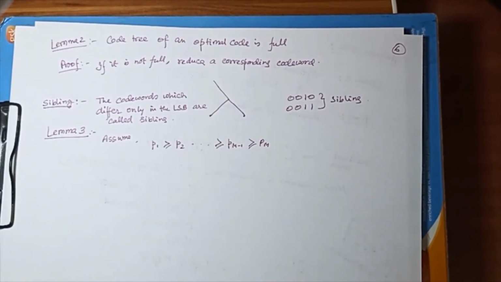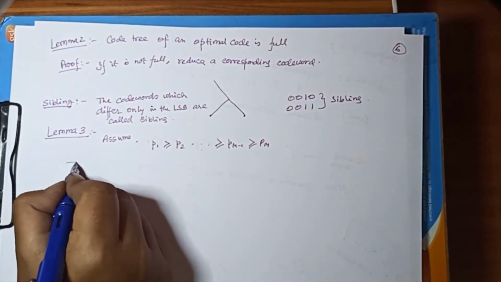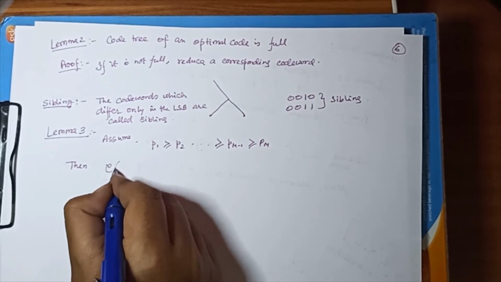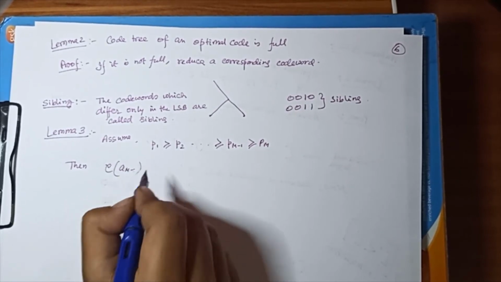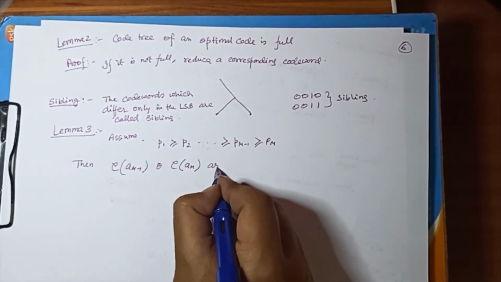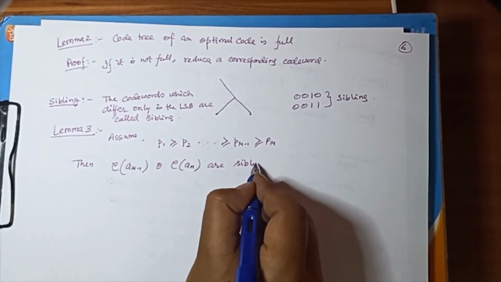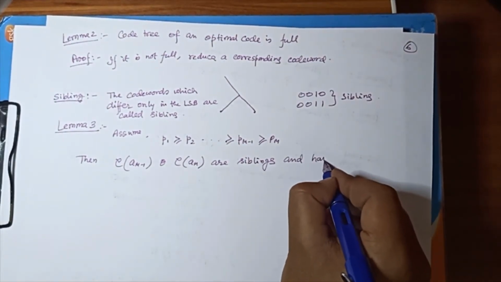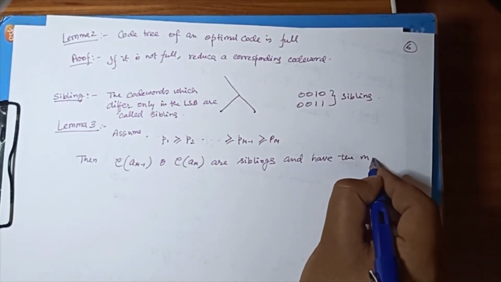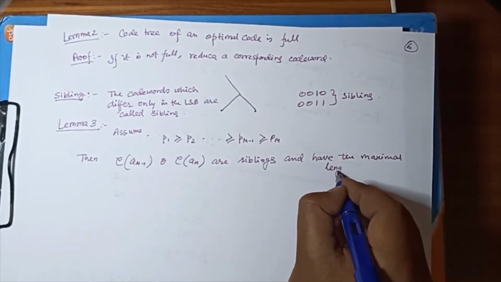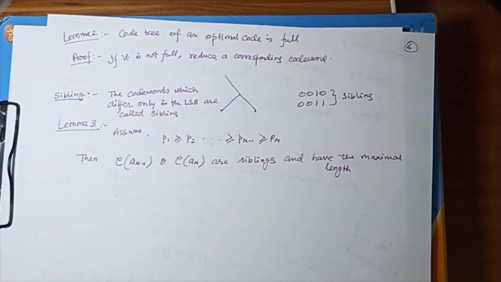If this is the order, then the following two code words, Am minus 1 and Am, are siblings and have the maximal length. This is again very much intuitive: as probability is decreasing, the length should increase.